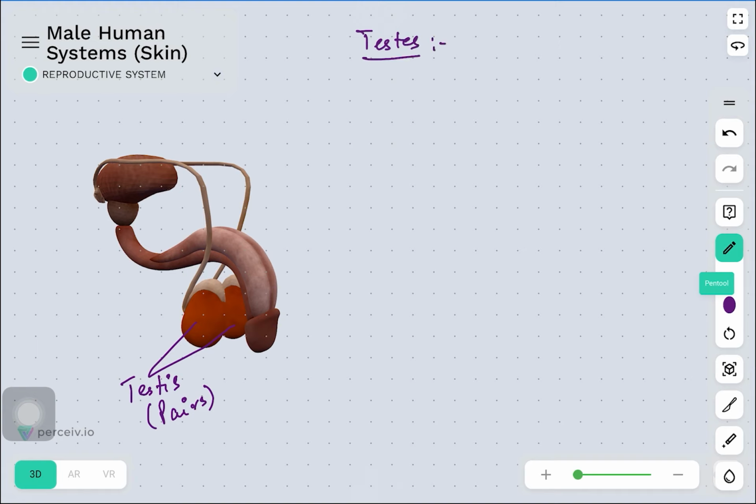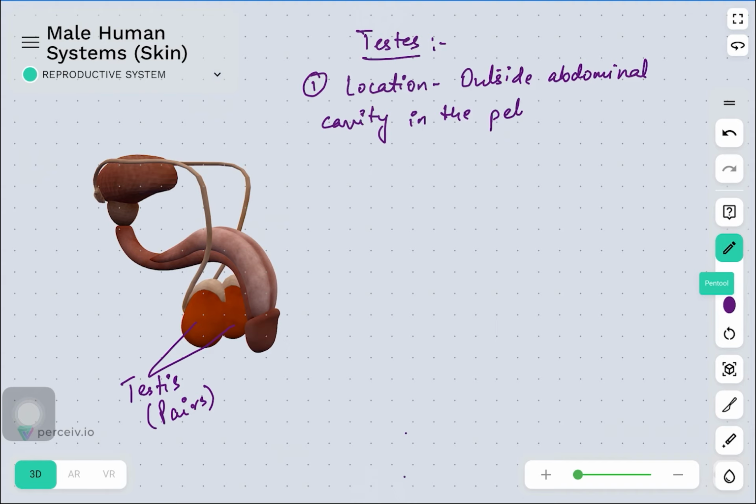We have already seen their location: the testes are situated in the pelvic region, outside the abdominal cavity. But the peculiarity is that these testes are contained within a pouch called the scrotum.